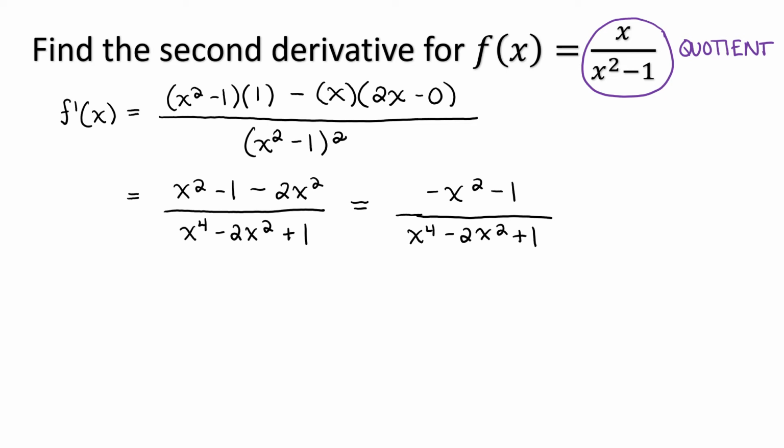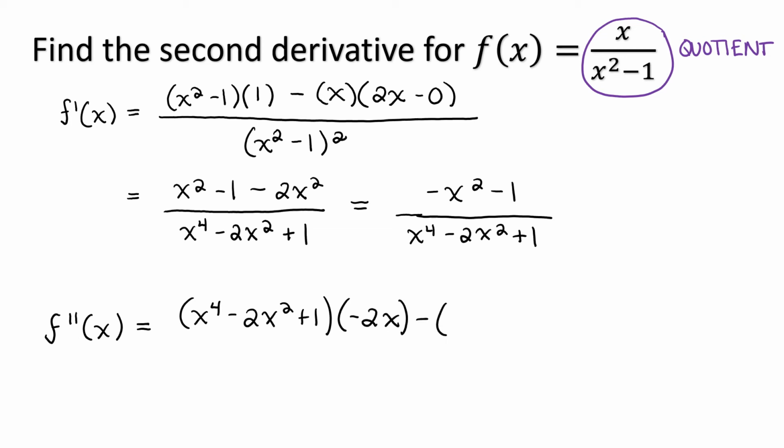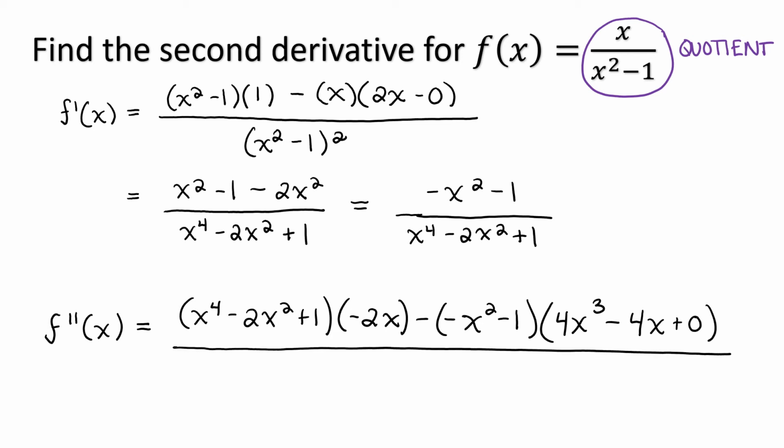And then we'll need to find the second derivative. So f double prime of x will be equal to low of the first derivative, so x to the fourth power minus 2x squared plus 1, d high, so the derivative of negative x squared minus 1, which is negative 2x, minus high, negative x squared minus 1, d low, 4x cubed minus 4x plus 0, all over low, which we can write back in its factored form, so that x squared minus 1 squared again, will be to the fourth power.